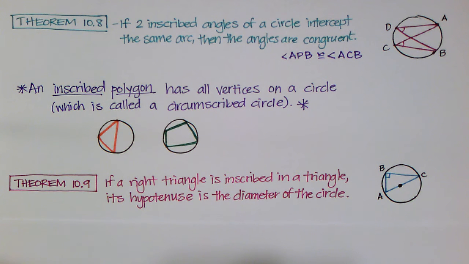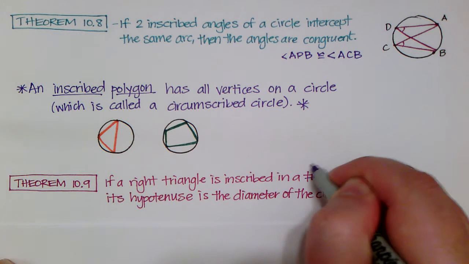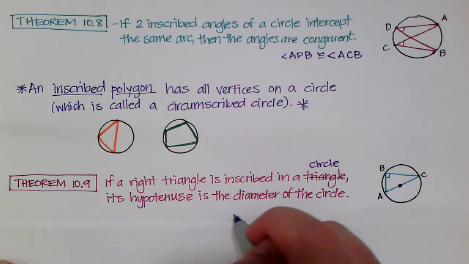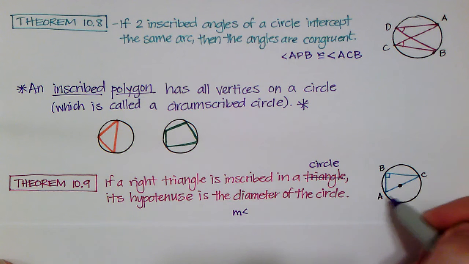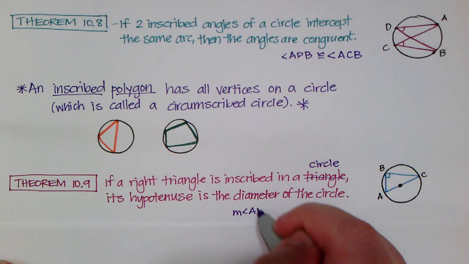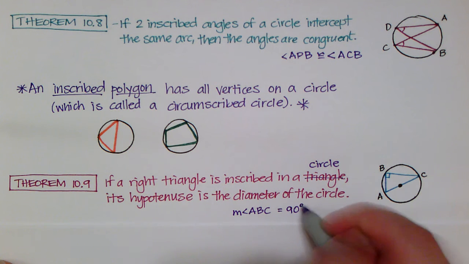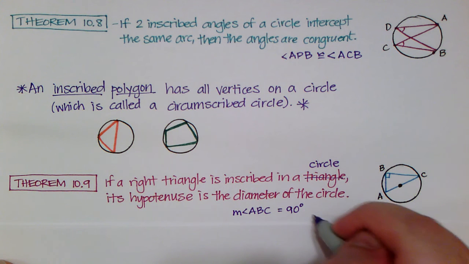First, Theorem 10.9, and it says, if a right triangle is inscribed in a circle, then its hypotenuse is the diameter of that circle. Okay? So if the measure of, in this case, angle ABC equals 90 degrees, that would tell me that it's a right triangle.